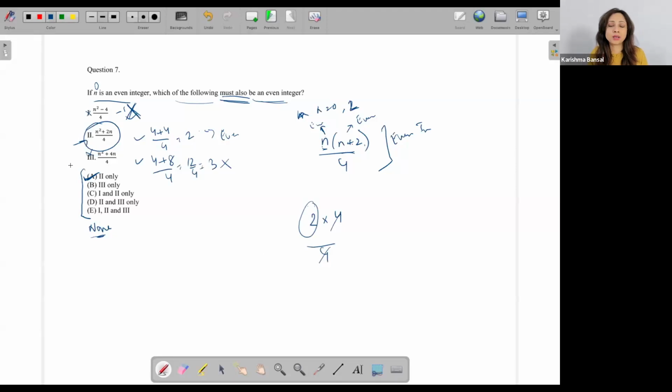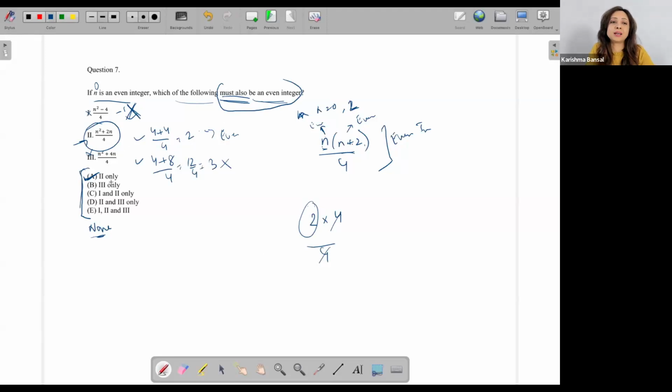And then I mark my answer as 2 only. Do you understand this? When I have my must be true questions, please do not just plug in values and get the answer. You can use plug in values certainly to simplify the question a whole lot for you. But look here, it worked out brilliantly.